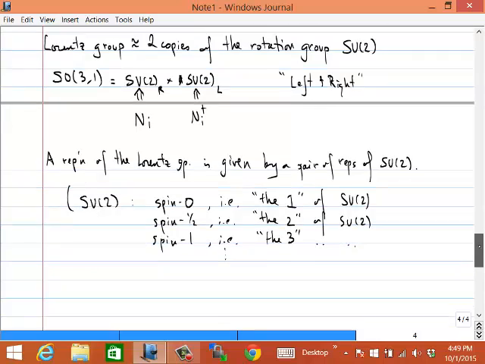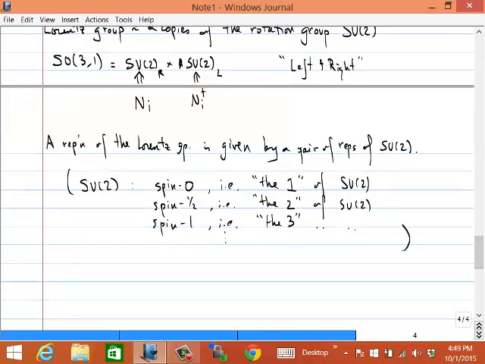Now, typically, when you're talking about group representations, you often label a representation by the dimension of the vector space. So if you're representing a group by n x n matrices, you'll call that the n-dimensional representation of that group, or just the n of that group. In the case of SU2, I could equally well call them spin 0, spin 1/2, spin 1, stuff like that.